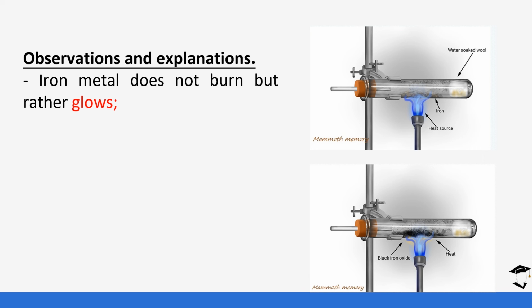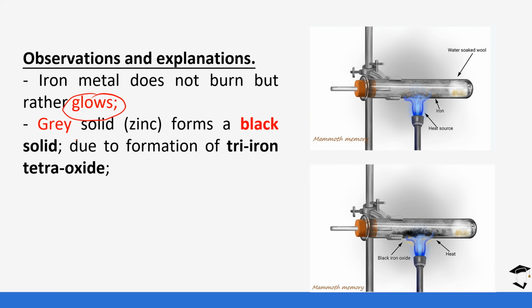This is similar to when we were reacting zinc with steam as well. So you can see it's going to glow, and then you will see a gray solid of iron forms a black solid. So we are moving from gray, and you can see also from the image, it's a gray iron, and then it forms a black product, and the black product is called triiron tetraoxide.